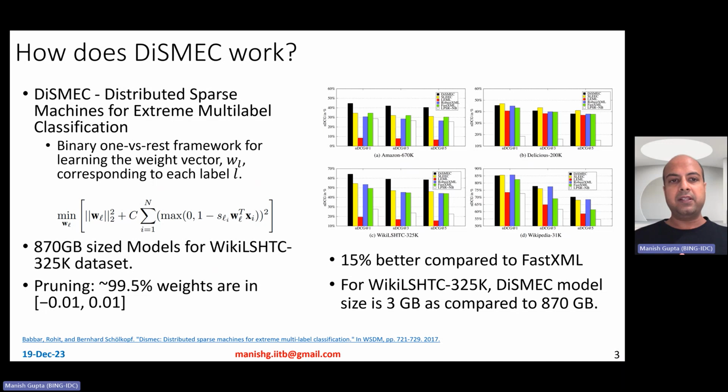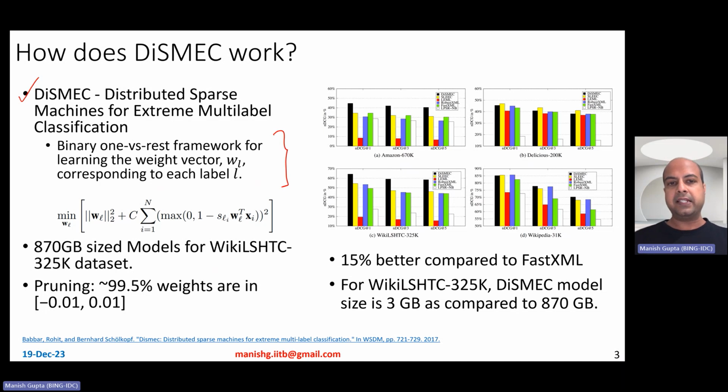Now, what is DiSMEC? DiSMEC is distributed sparse machines for extreme multi-label classification, and we'll talk about what is distributed and what is sparse in this algorithm. DiSMEC is a one versus all framework.